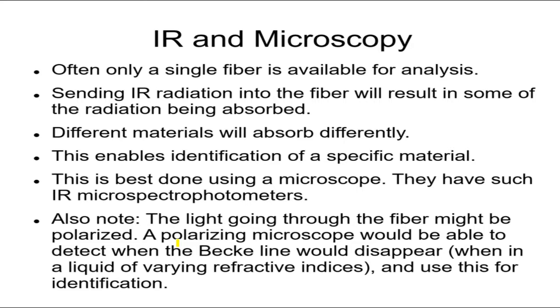We put it in a liquid and see what the refractive index is, or we see how it rotates the polarized light. So we can use polarized light. We can use the refractive index of the fiber sometimes also for identification.